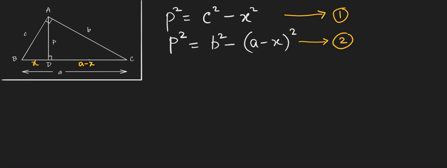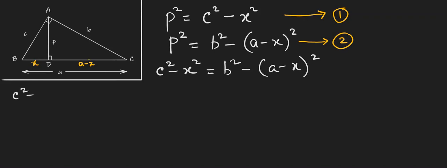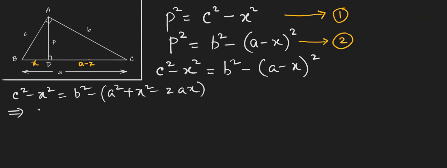So from 1 and 2 we see that C square minus X square is equal to B square minus (A minus X) whole square, or C square minus X square is equal to B square minus A square plus X square minus 2AX, which implies C square minus X square is equal to B square minus A square plus X square minus 2AX.